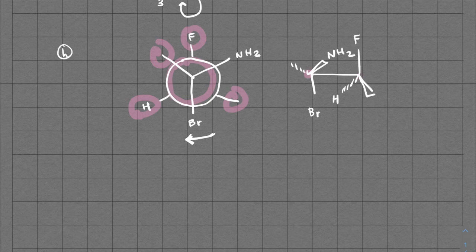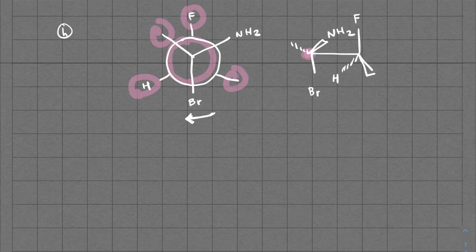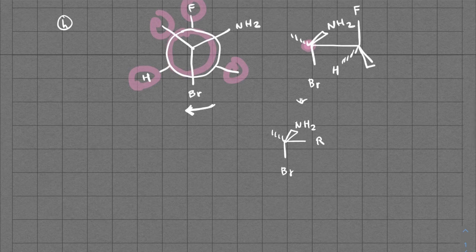Okay, so let's look at this carbon right over here first. First, let's assign priority. Bromide 1, because highest molecular weight, then our amine, then our R group, and then our methyl.